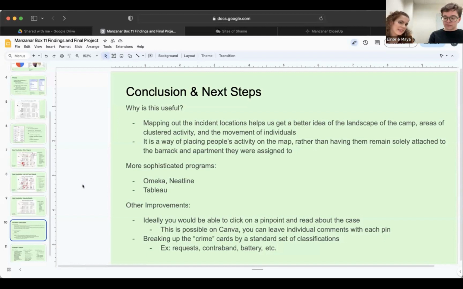And then in terms of next steps, how we might make this a more sophisticated data visualization tool, we did a little exploring of other programs that might be used. One that really stood out to us was Omeka, which is an online exhibit managing tool, and has a plugin called Neatline.